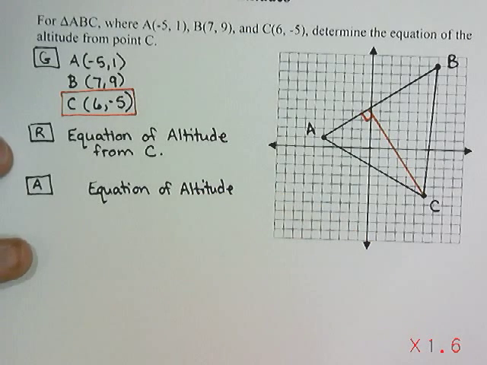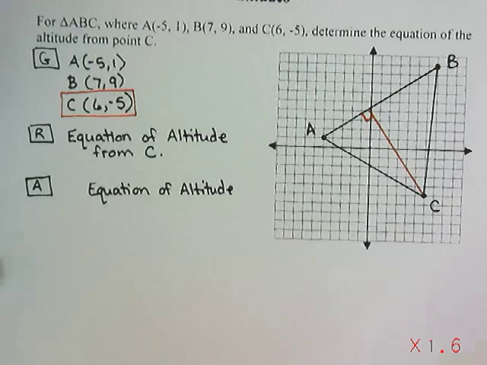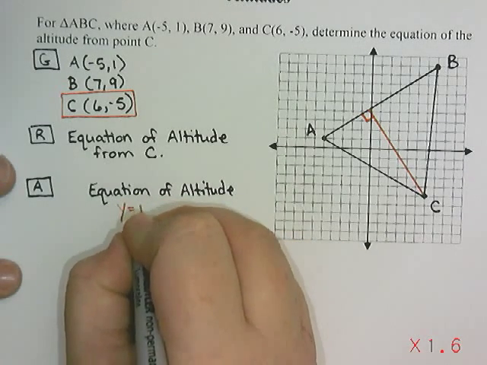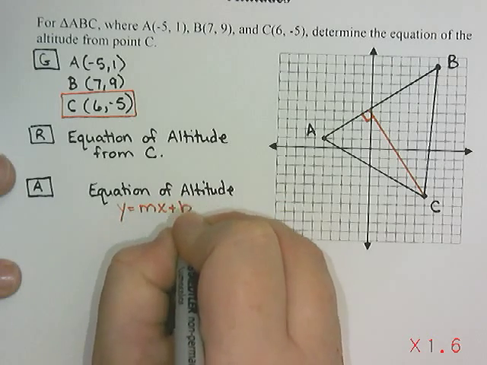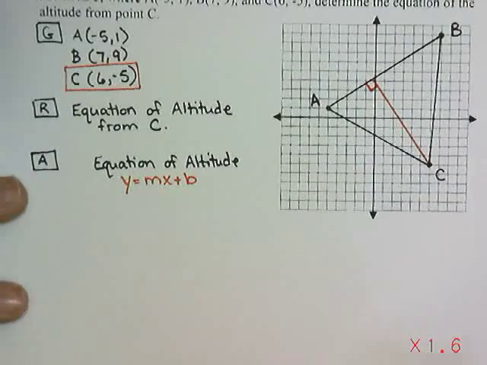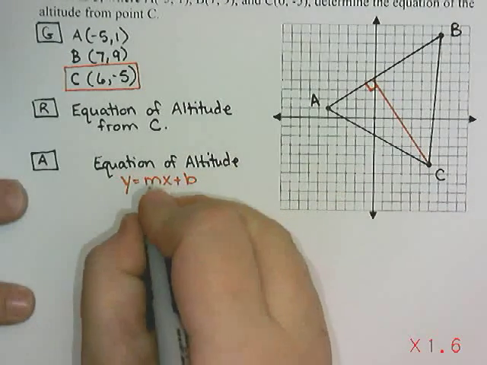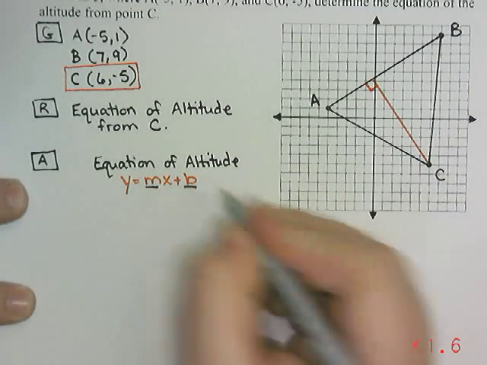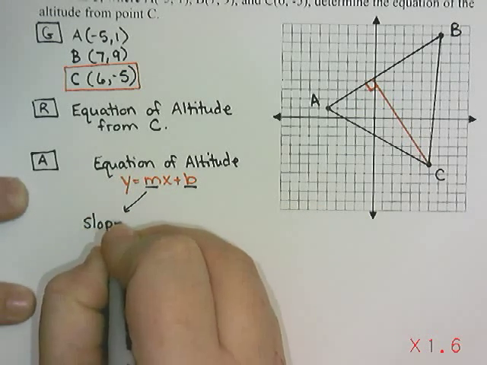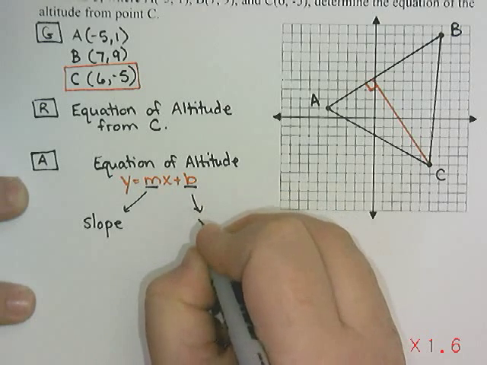Okay, so to find the equation of a line, which is what the altitude is, we use the formula y equals mx plus b. To use this formula, we normally have numbers to put in for m and b. M is the slope, so we need to find the slope, and b is the y-intercept, so I need to find the y-intercept.